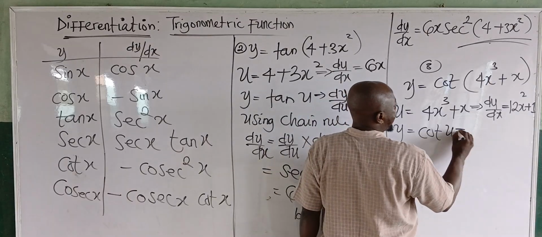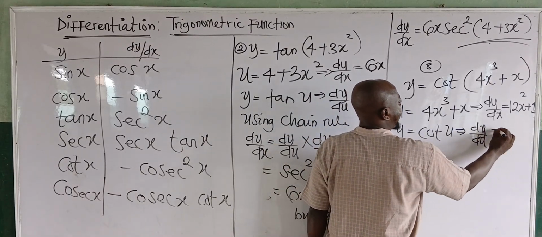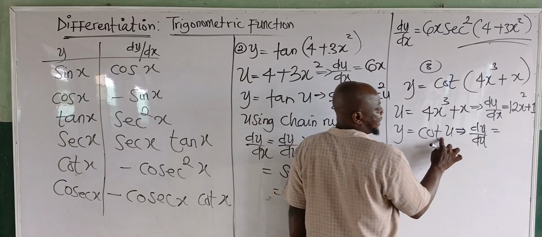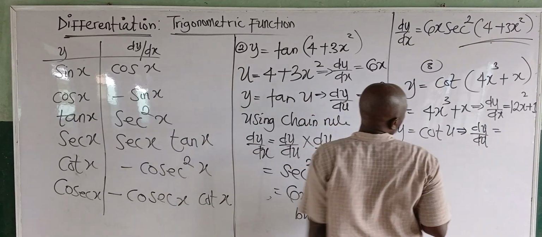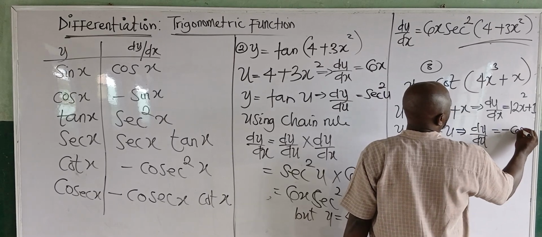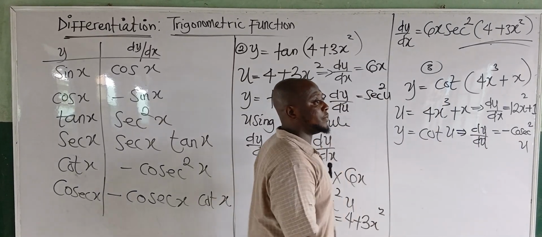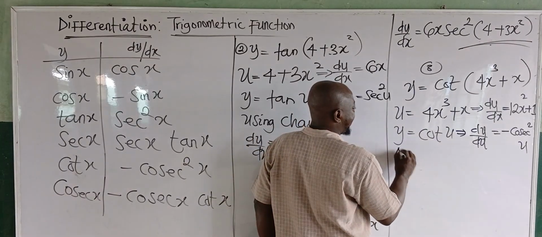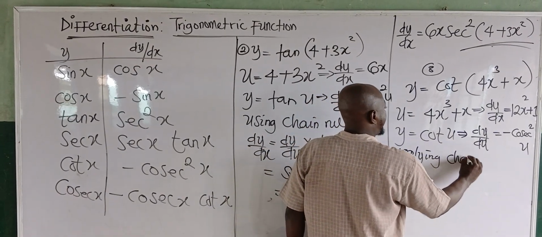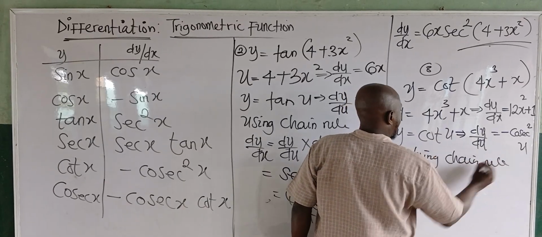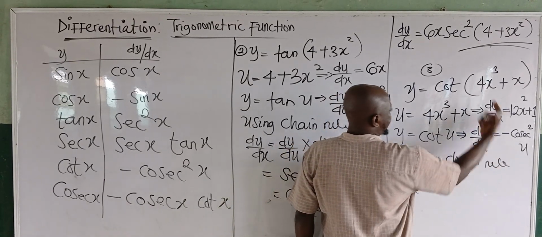Now from here, next I want to get the y with respect to u. So the y with respect to u now, if you differentiate cot, what do we know there? If you differentiate cot, we are having minus cosec square u. Cosec square u. That's what we know. So applying chain rule, I know that my chain rule becomes just carry from down to up.